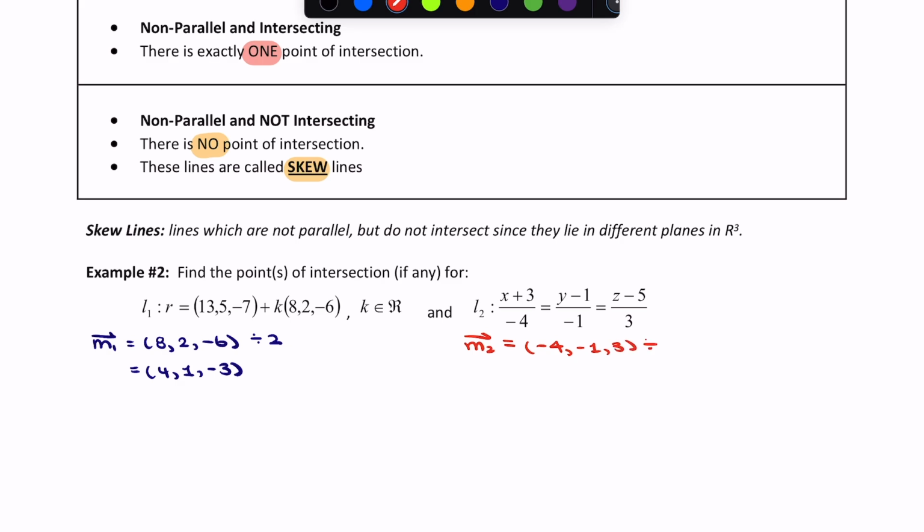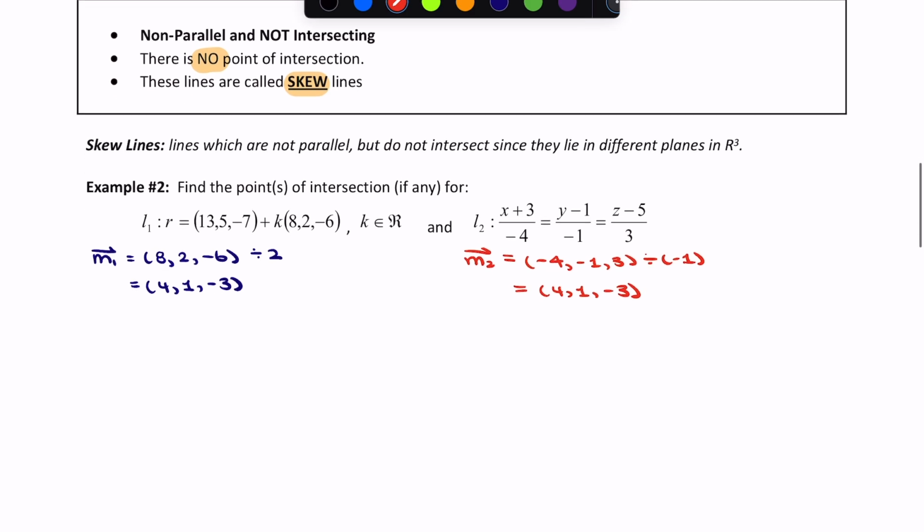If we divide this by negative 1, we'll get 4, 1, and -3. So here we see that line 1 is collinear to line 2.